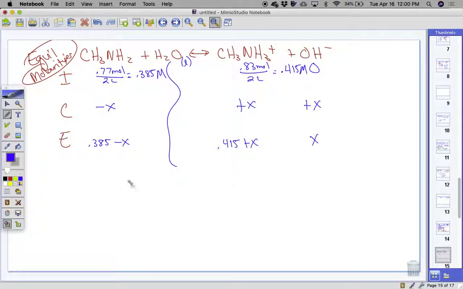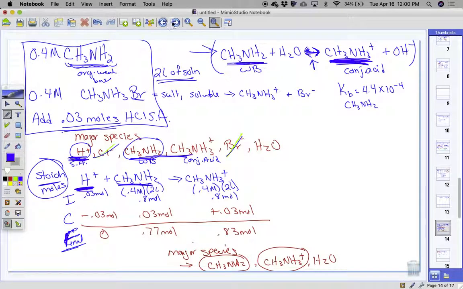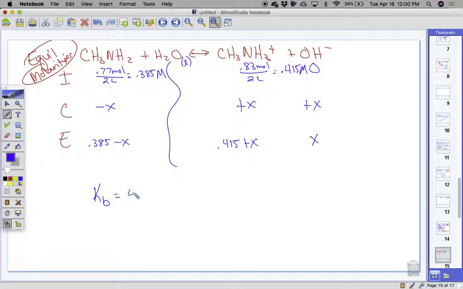And then x. And then Kb, which we looked up was, what did you tell me? 4.4 times 10 to the negative 4. So 4.4 times 10 to the negative 4 is going to equal 0.415 plus x times x over 0.385 minus x. What are we going to assume about the plus and minus x? We don't need them.